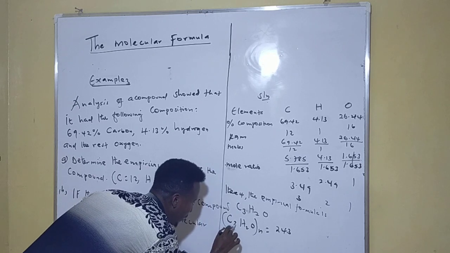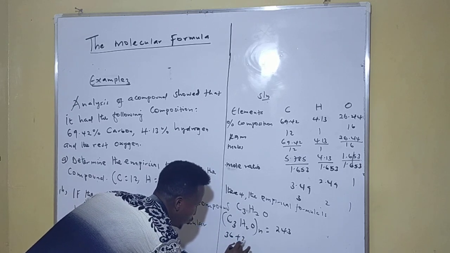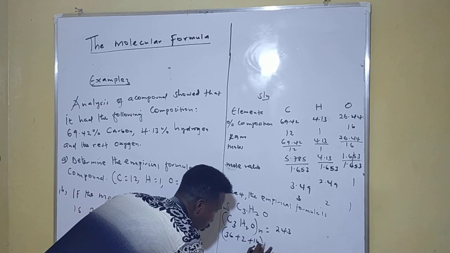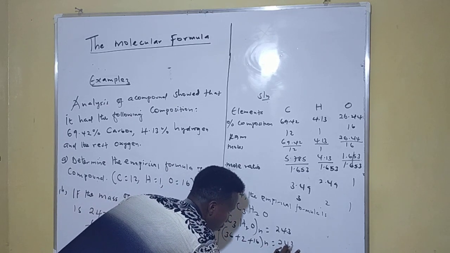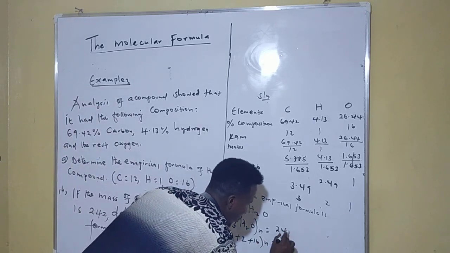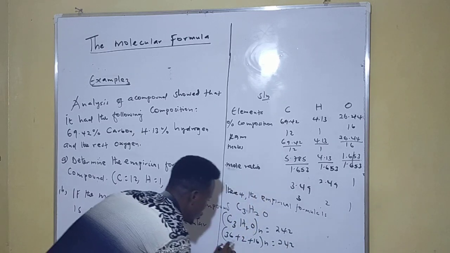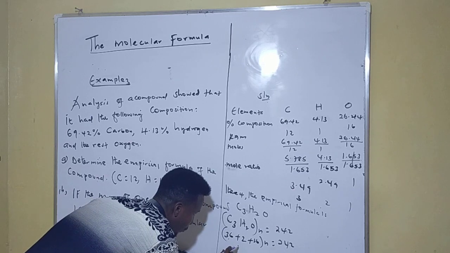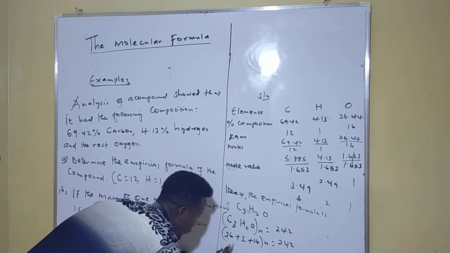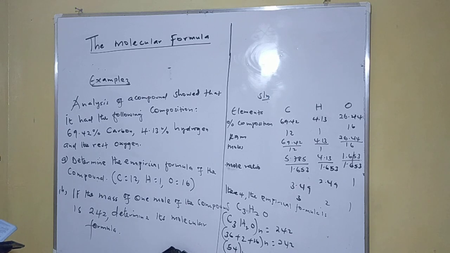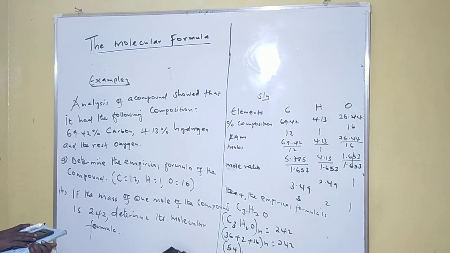So this will be 12 times 3, that's 36, plus 2, 1 times 2, plus 16. Into N is equal to 242. So this will be 54 into N. That will give us how much?